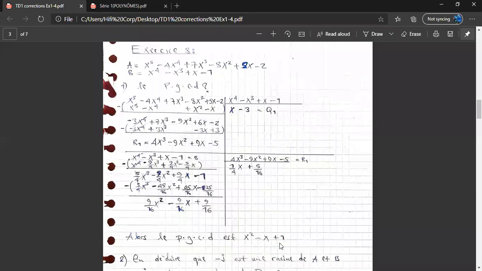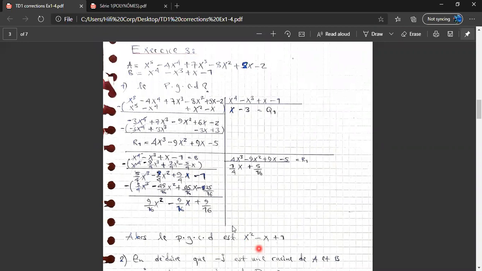So as I said earlier, when calculating, the signs are very important, so be careful when you're calculating this. Don't be in a hurry when doing the PGCD, because in most of the questions you find in the exam, the first part will tell you to find the PGCD, and then you'll see how we'll be using it in the second question, because it will help us to solve the second question.